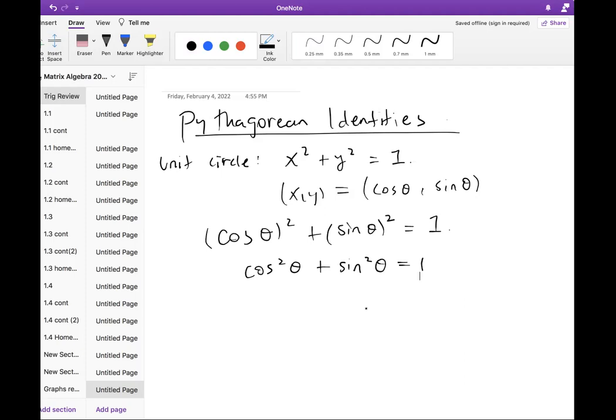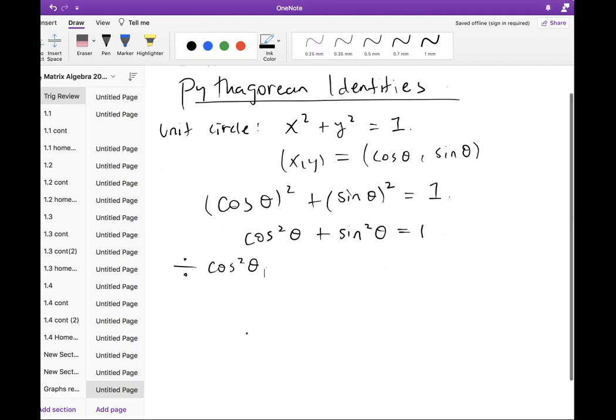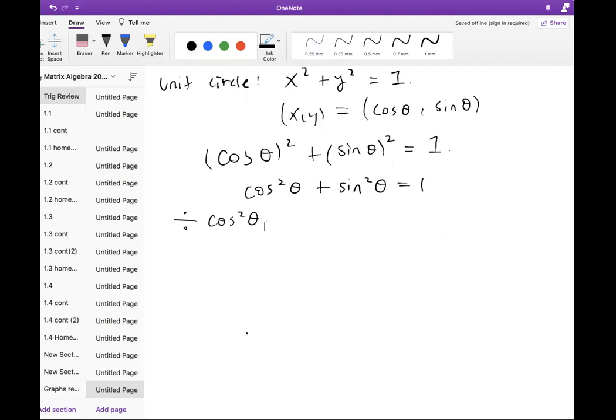So now we can come up with some other identities by fiddling around with this equation. Why don't we divide everything by cosine squared? I'm going to take every single term in here and divide it by cosine squared. So this becomes 1, right?